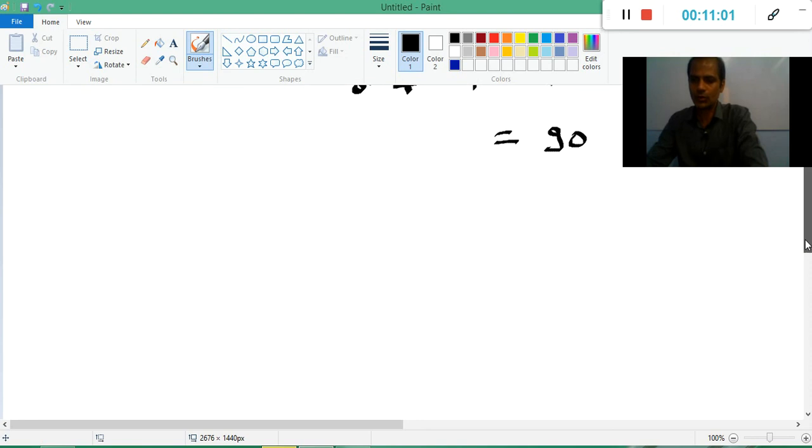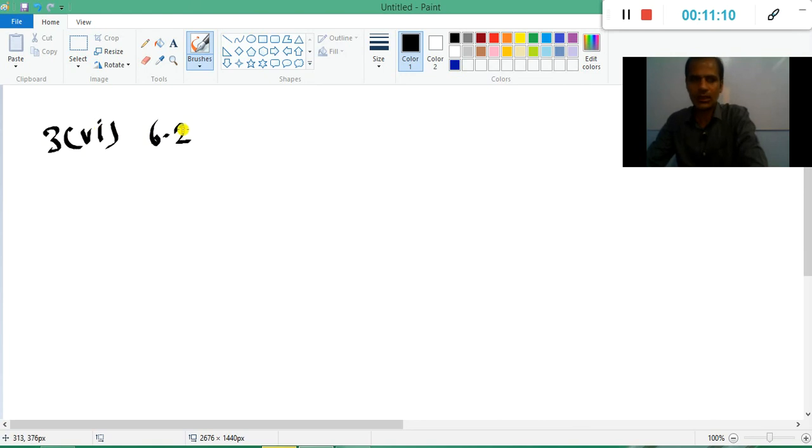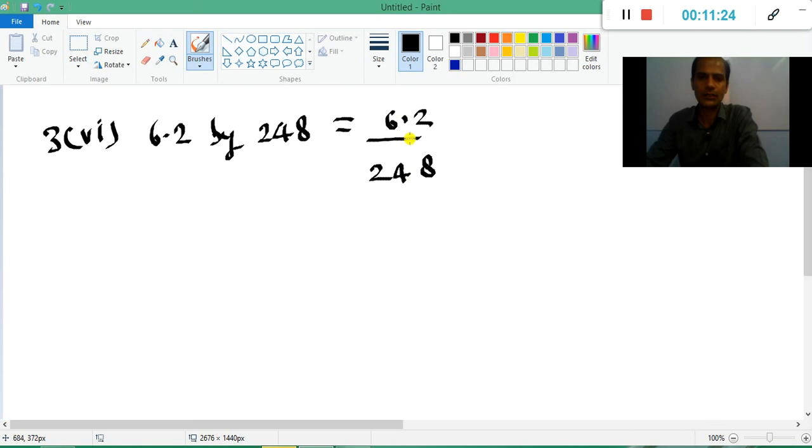I am going to solve next part, that is sixth. So it is sixth part of third question. It is divide 6.2 by 248. Okay, very big number, 6.2 by 248, so it is 6.2 upon 248.